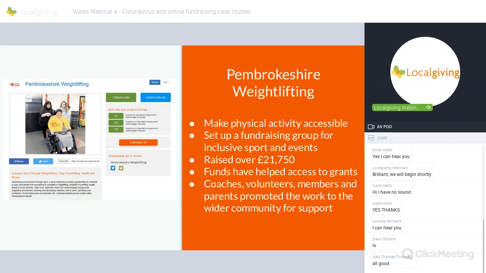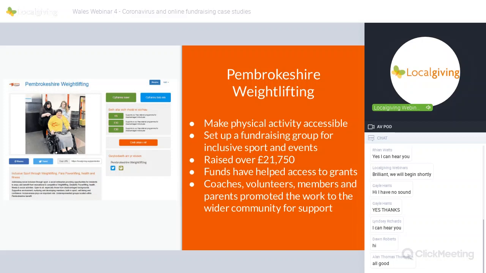What's been particularly interesting is that they've also really focused on using the online fundraising to access grants. By that, I mean that they have been able to evidence to grant makers that their online fundraising shows that they have a real connection with the community, that the local people really care about their work happening. And not only that, but they've already raised a portion of the funds themselves to make that happen.